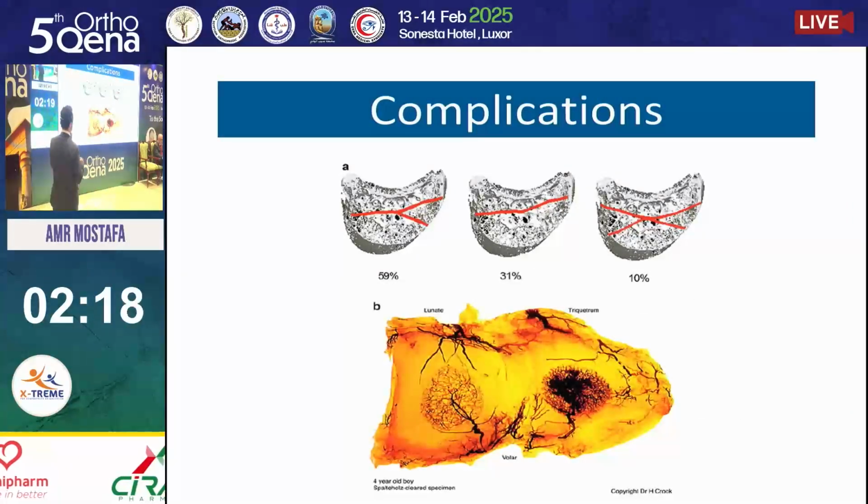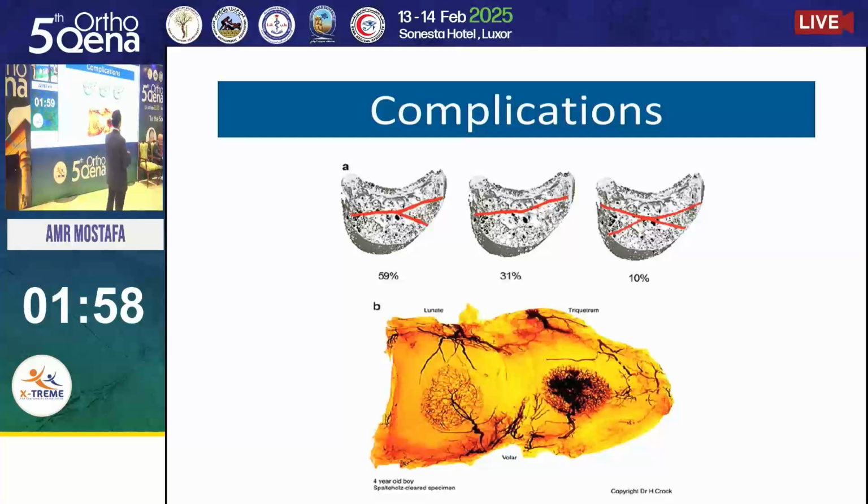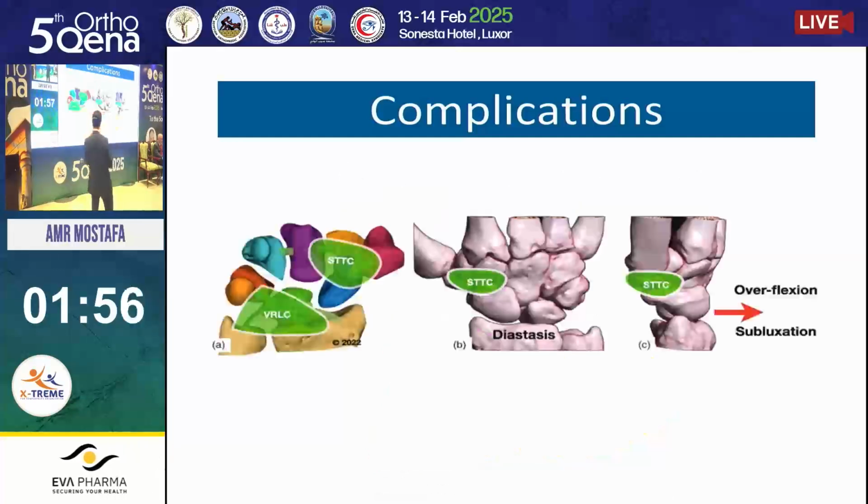This picture I have taken from the book of Kinbok. As you can see, the blood supply comes to the lunate a little bit ulnar, directed to the triquetrum, and a little bit proximal. So I think if we go a little bit radial, we may save the blood supply of the lunate.